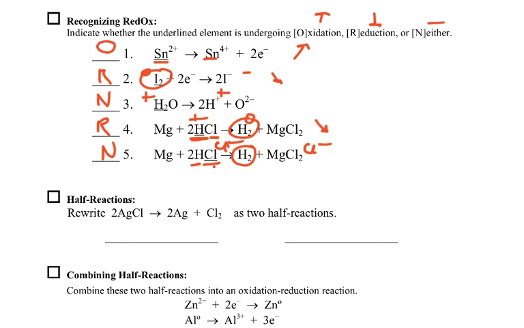Okay, when we rewrite this equation as two separate half reactions, so you can see what we're doing, we're talking about silver changing to silver, and we're talking about chlorine changing to chlorine. So here on the left, this is silver in a compound, so that's Ag+, and here's silver neutral, so it's going from + down to 0, and that means I need to put an electron on the more positive side.